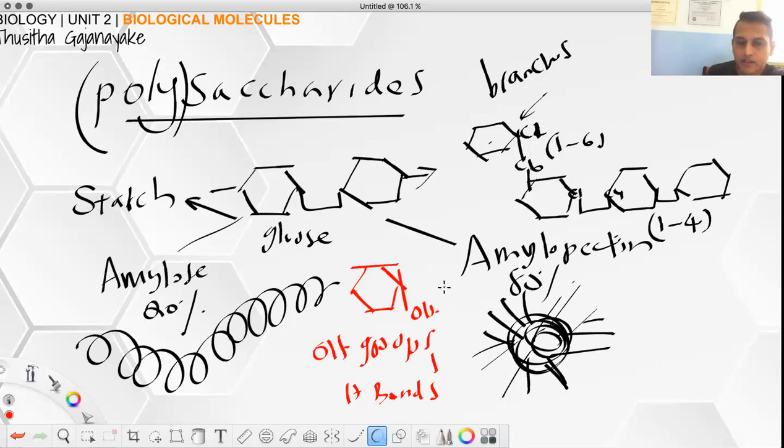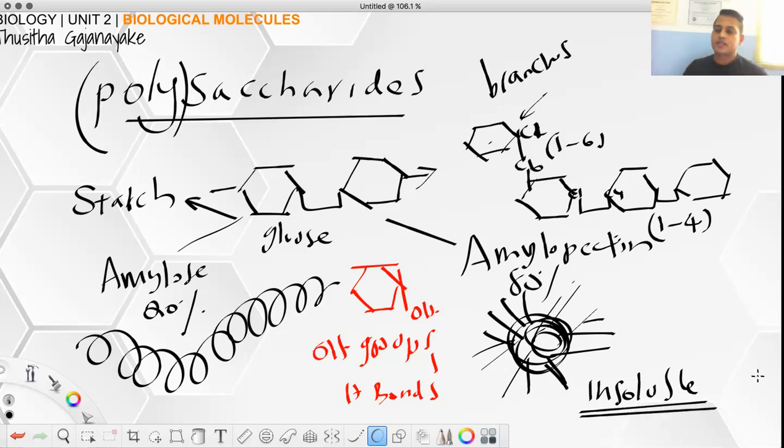As a result, starch is insoluble. If you look at glucose, fructose, galactose, they have a large number of OH groups. Even disaccharides have a large number of OH groups. These OH groups have some polarity, so they can make bonds with water molecules. Then they are soluble. But starch is insoluble because its OH groups are not freely available.